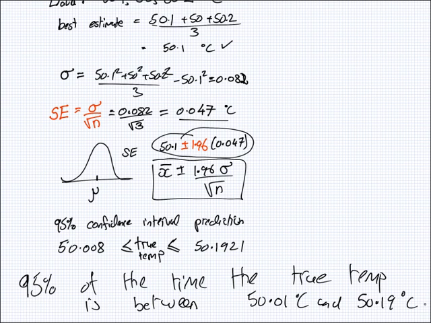These represent limits on your prediction of the true temperature. I rounded it off. 50.01, yeah.